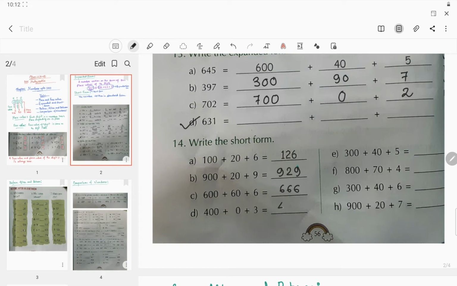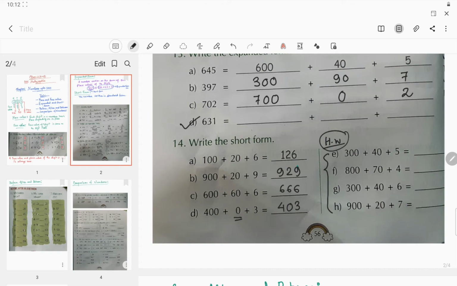Similarly, D, it will be 403, since 0 is in the tens place. Now E, F, G, H, this is your home task. You should write these all in your copy, okay? And whatever I am giving you as homework, you should fill up by yourself.